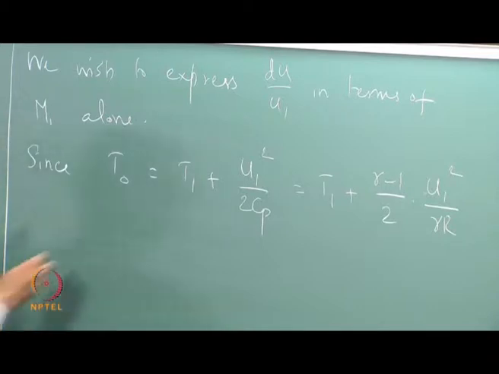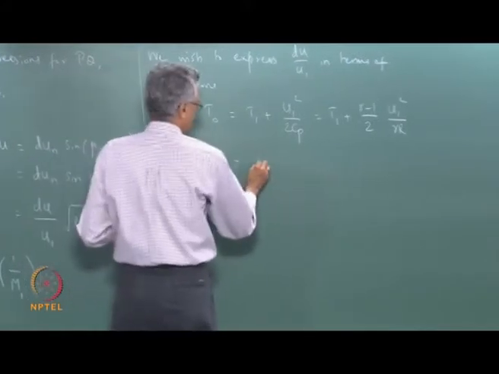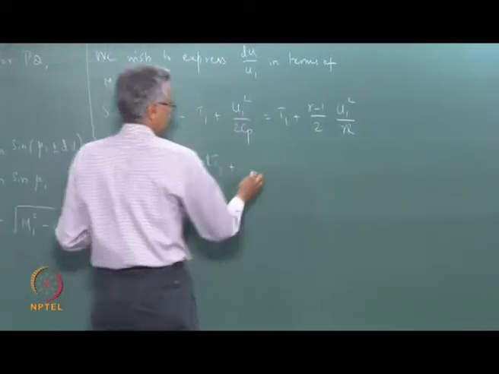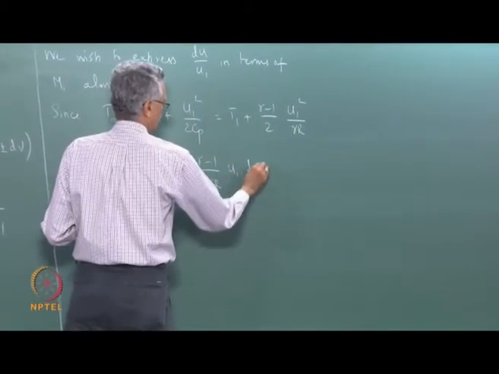Now if I take the differential on both sides, I get dT0 is equal to dT1 plus gamma minus 1 over gamma R times u1 du.